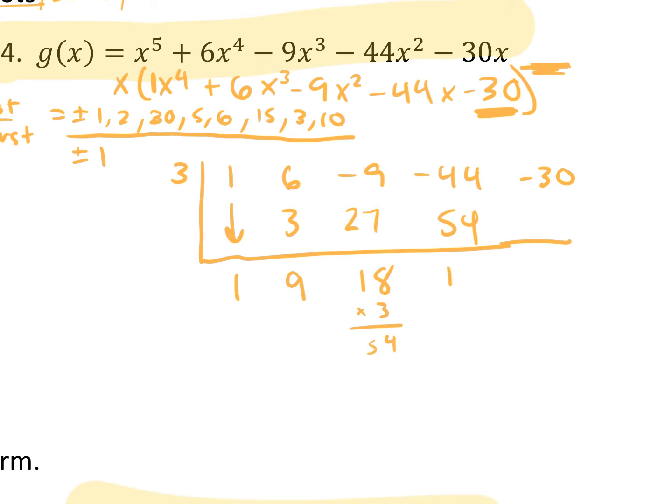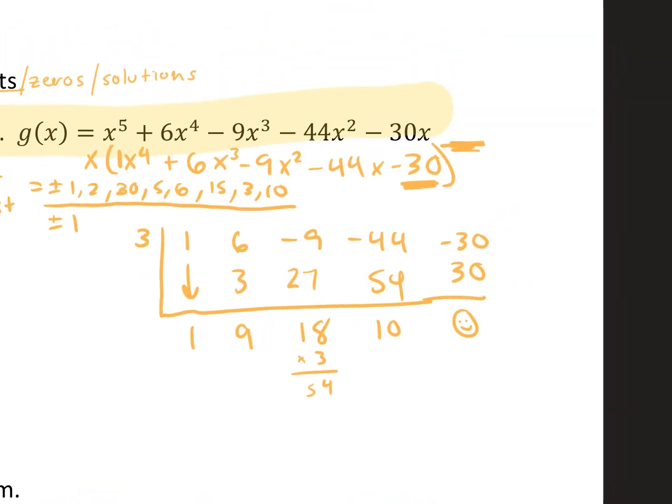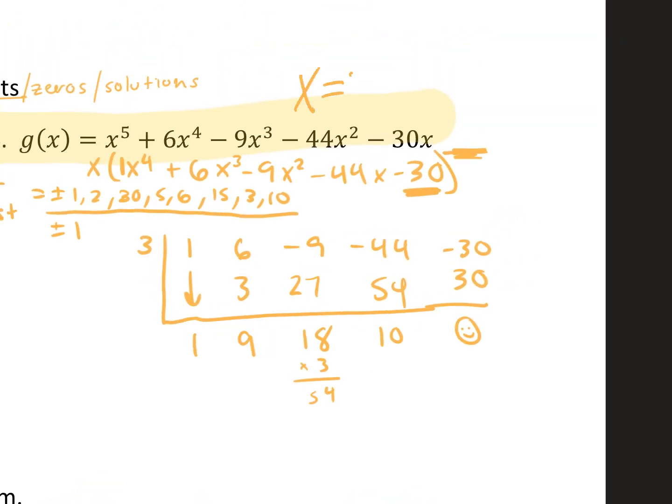Add, we get 10, multiply, positive 30, and add, we get 0. Yay, so 3 works. So one of our solutions is x equals 3. So I started with x to the 4th power. So that means my answer here is going to be x to the 3rd power plus 9x squared plus 18x plus 10.